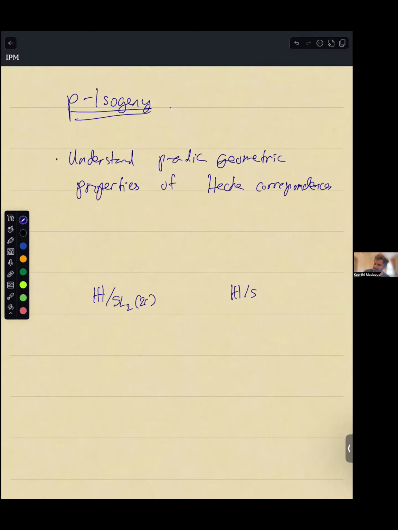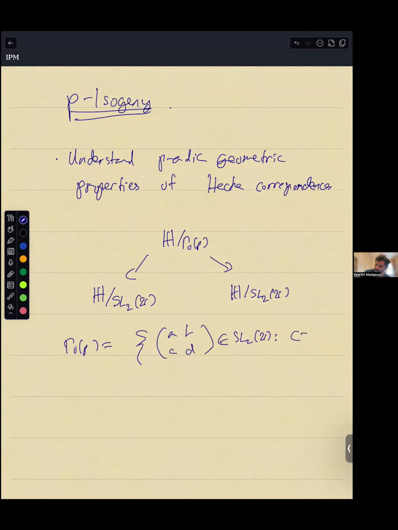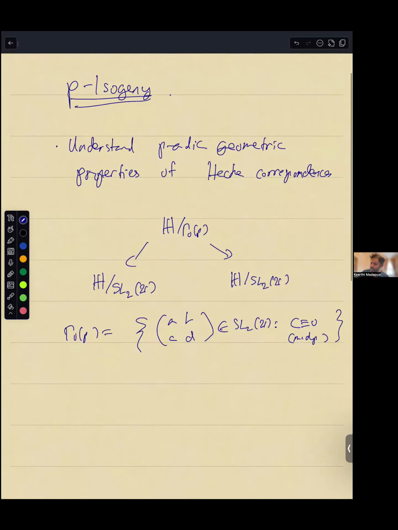Then you have this group gamma naught of P, which is a group of matrices where C is congruent to 0 mod P.